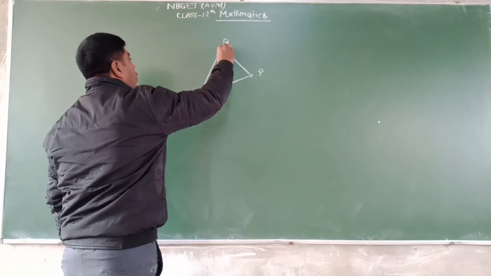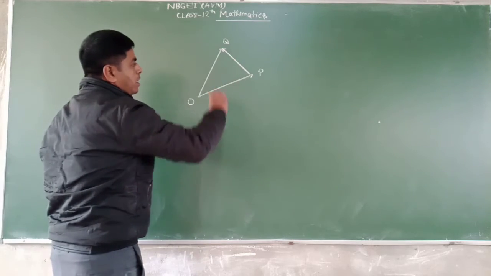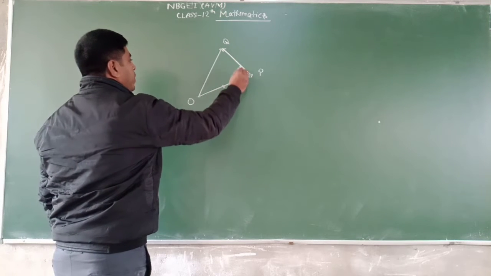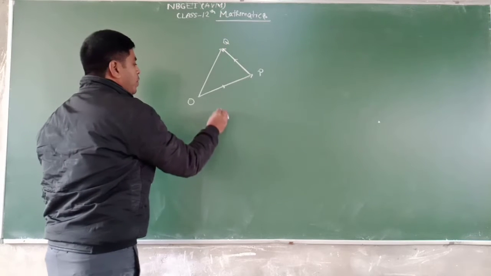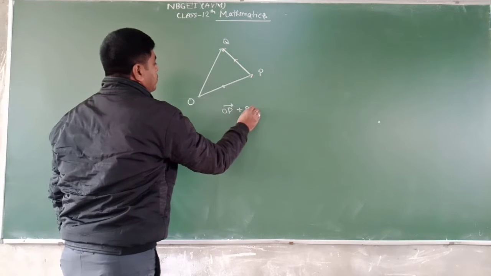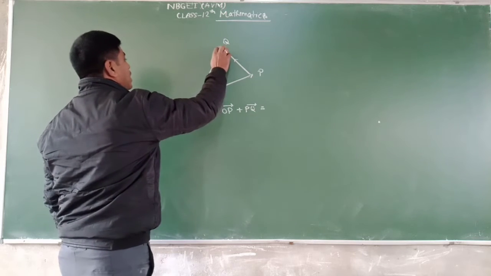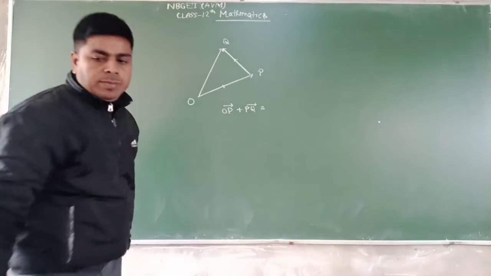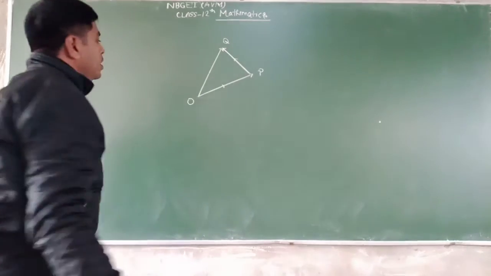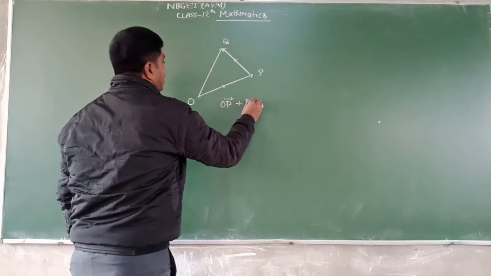Now by the triangle law of vector addition, we can write the resultant of these vectors. Simply you can see OP vector plus PQ vector.